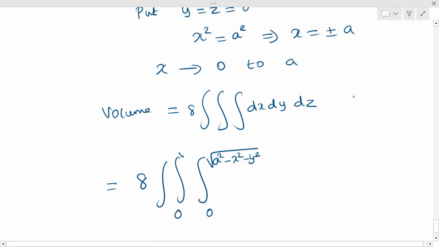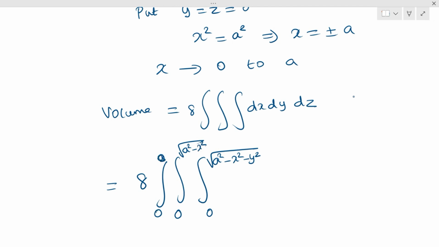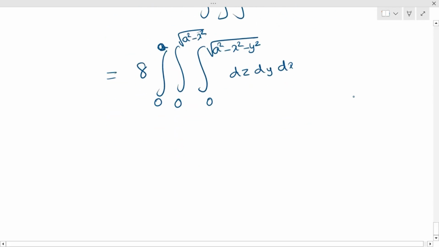Next is the limit for y, 0 to root of a square minus x square. The third, outer integration is 0 to a. So here the order should be dz dy dx, because the inner integration is the limit for the variable z.